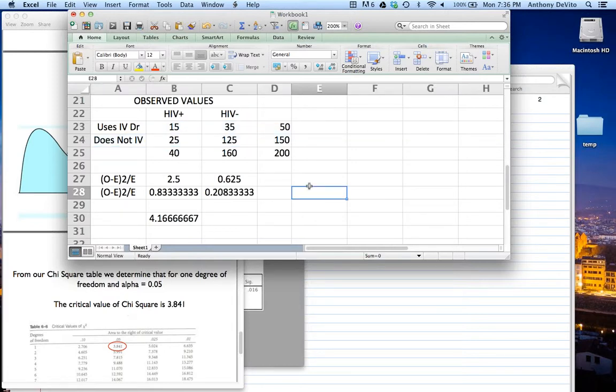The way that happens is that we look at degrees of freedom. In this case, degrees of freedom is equal to the number of rows minus 1, times the number of columns minus 1. So how many degrees of freedom do I have here?